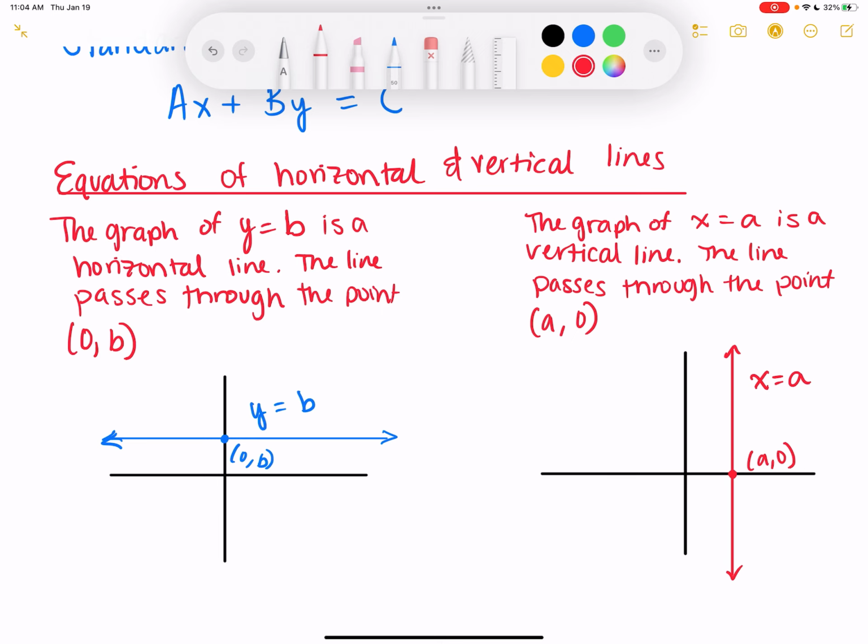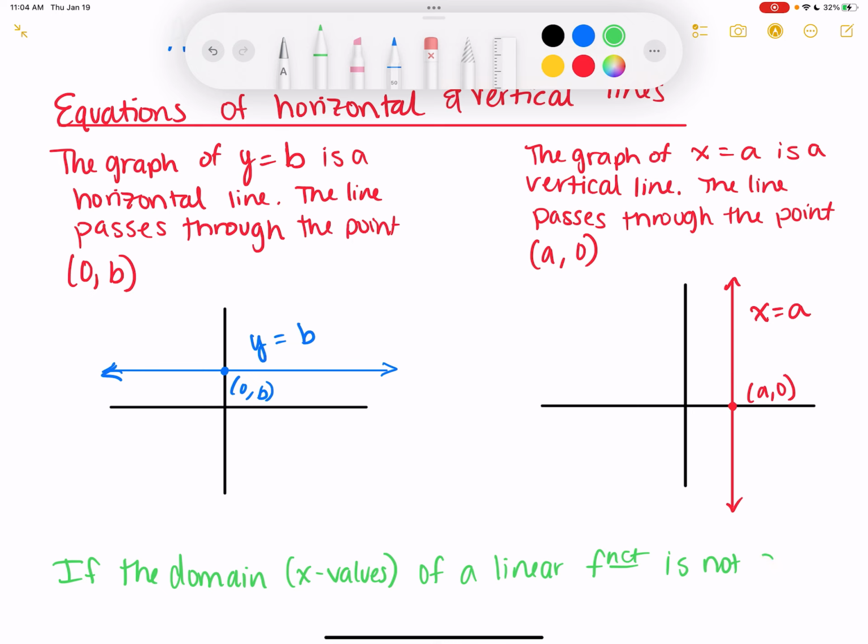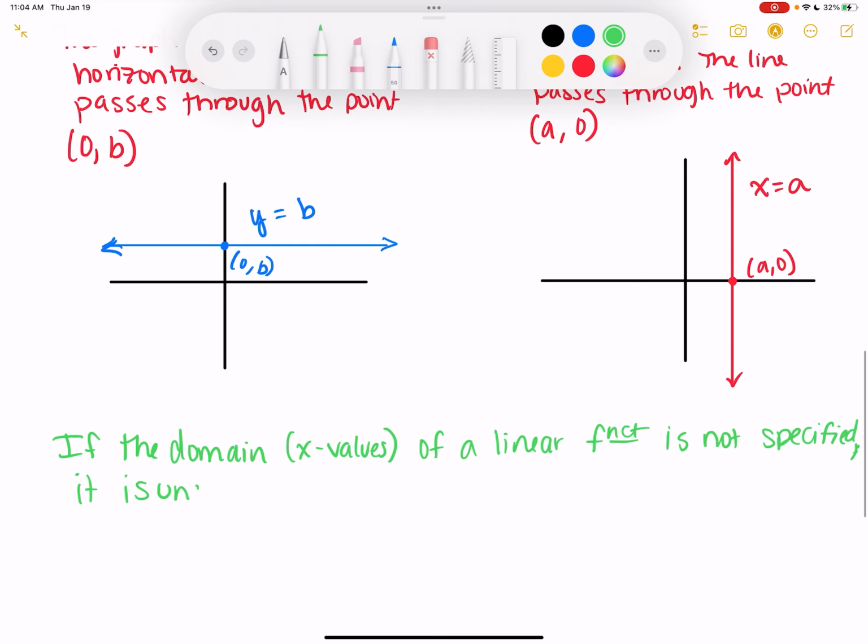All right, the next thing I'm going to write might be confusing right now. It's more something you'll need to know in the future in math, not so much right now, but it's good to go ahead and see it. If the domain, which are your x values, of a linear function is not specified, it is understood to be all real numbers.